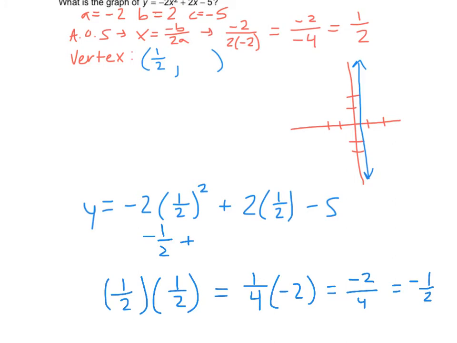Now we have 2 times 1/2, which is 1. And then minus 5. So what do we do when we add fractions? We need to find the same denominator. So what can we change 1 into?